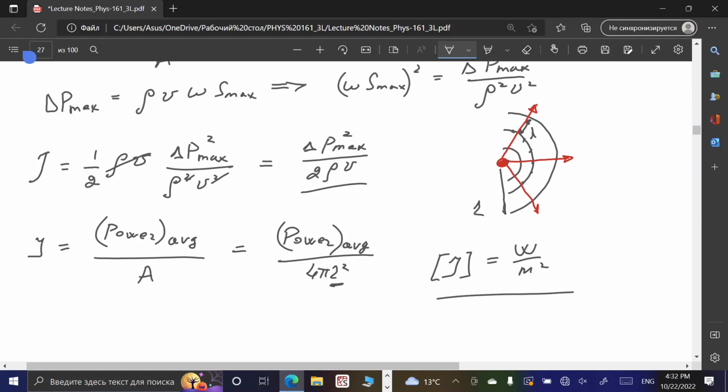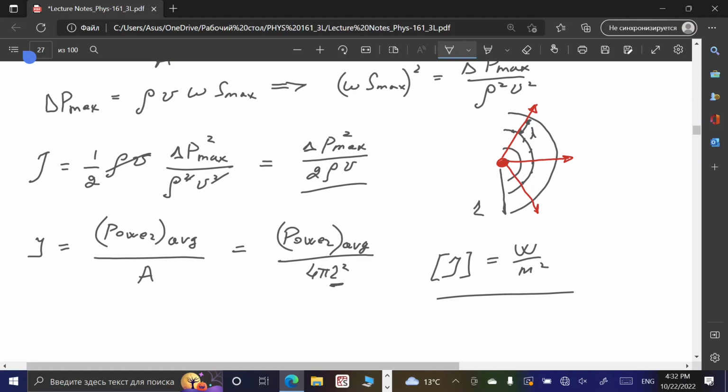Generally accepted. So the question is, why do we need to complicate our life? And instead of using this commonly accepted unit, we invent sound level, which is a new way to measure sound intensity, and is measured in decibels.